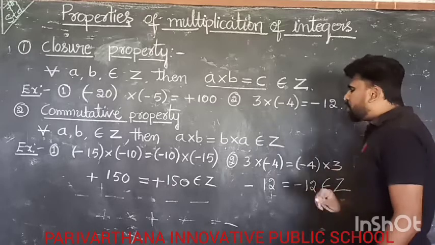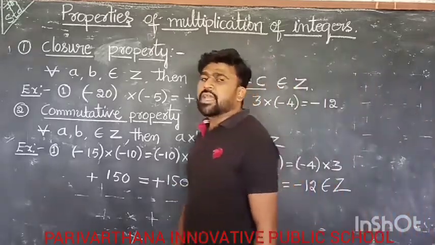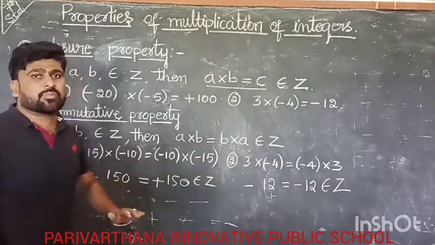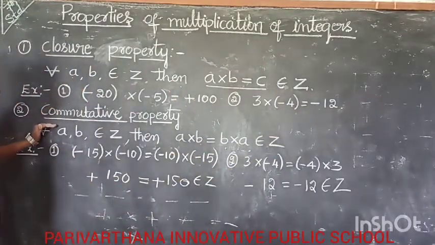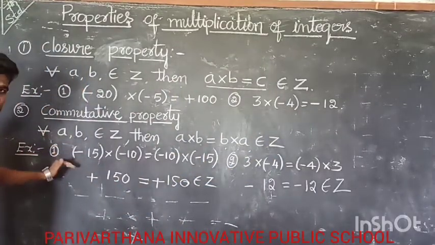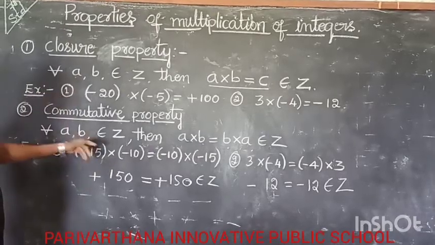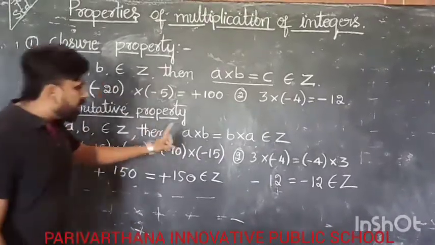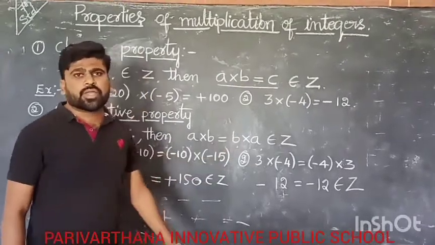Same. Therefore minus 12 is an integer. That means the commutative property is satisfied under multiplication. It is the same property: a into b is equal to b into a.